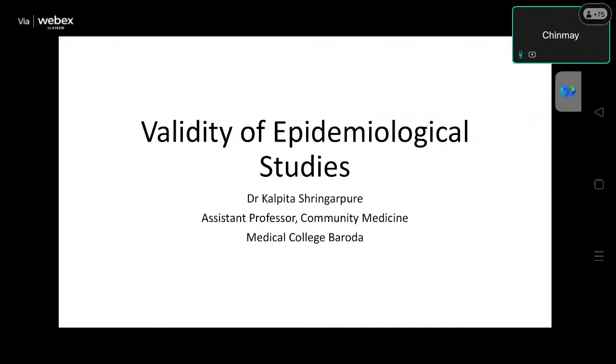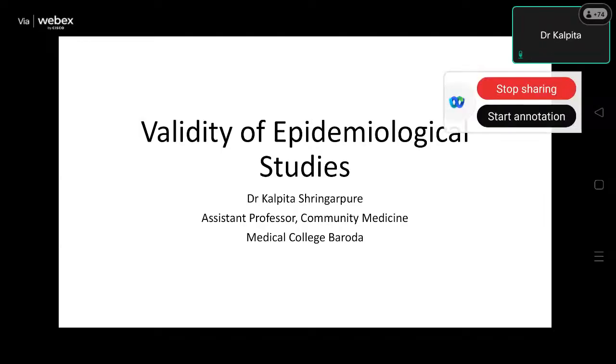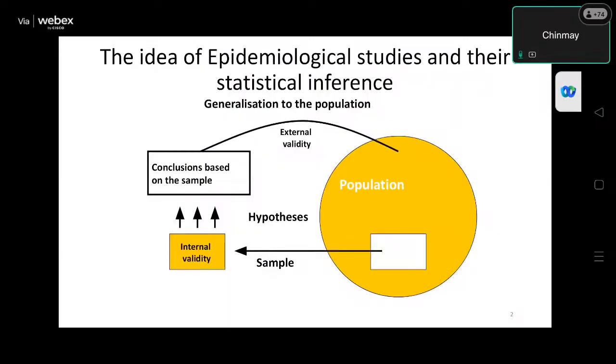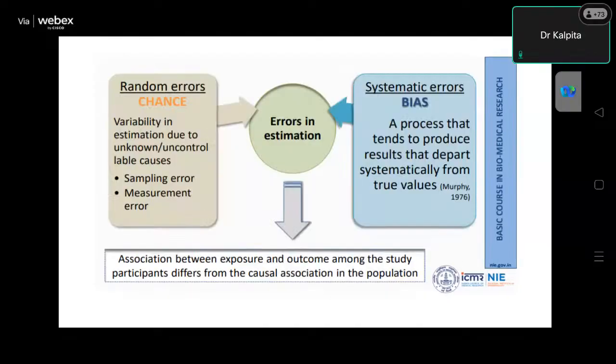Can you see the screen now? Yes, sir. Okay. So Dr. Kalpitra, you can start now. Should I continue or start from the beginning? No, you can continue. Which number slide was there? Slide 8. Not visible, sir. Okay. Selection, errors in estimation.